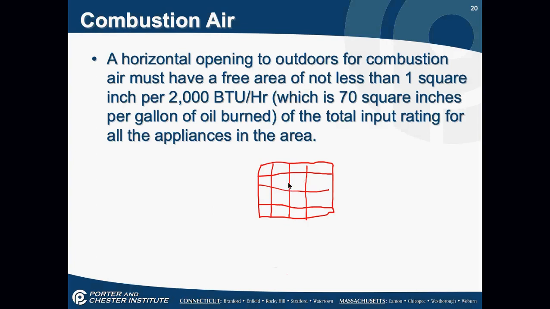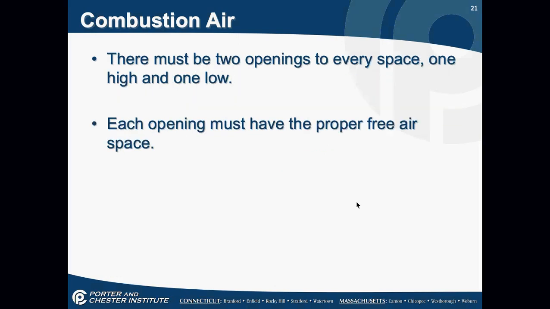So if each of these are 1 inch or half an inch wide, that is deducted from the free area. Free area means nothing restricting. And again, there has to be 2 openings in every space, 1 high and 1 low. Each opening must have the proper free area space.